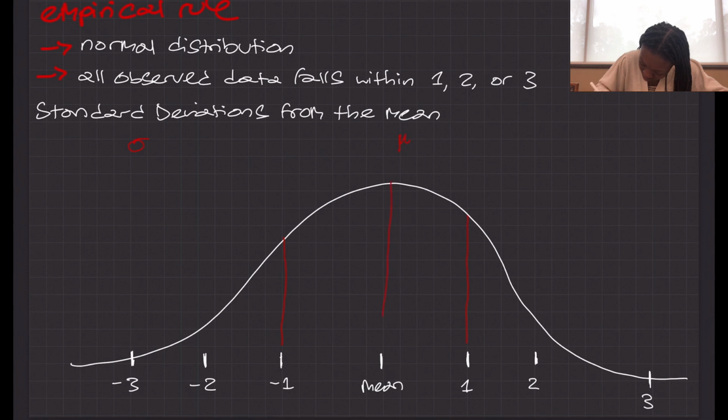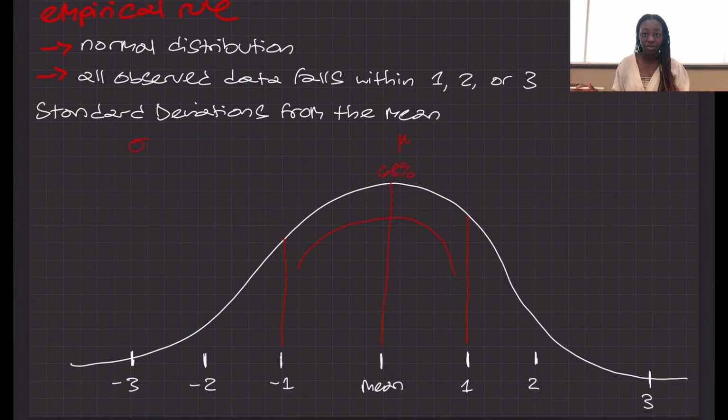There is a 68% chance of hitting the first standard deviation. That means on either side, there is a 34% chance of hitting either deviation, making a total 68% chance.